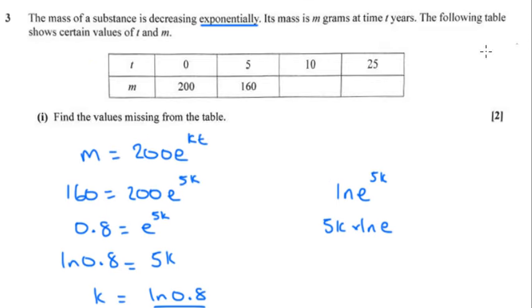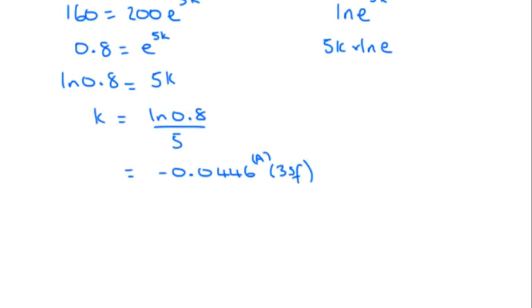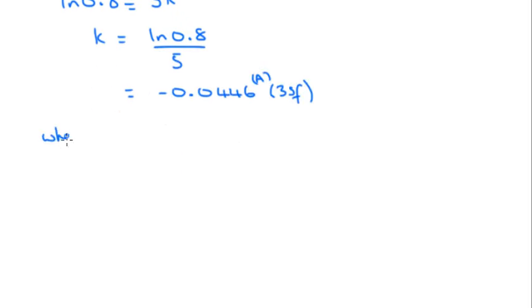So the next job now is to work out the value of m when t is 10. So when t is 10, we now know that the equation is 200 e to the kt using our A number. So I could even write A times 10 here, and that's exactly what I'm going to type in on my calculator without the brackets.